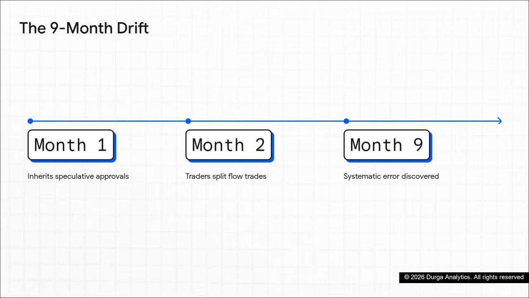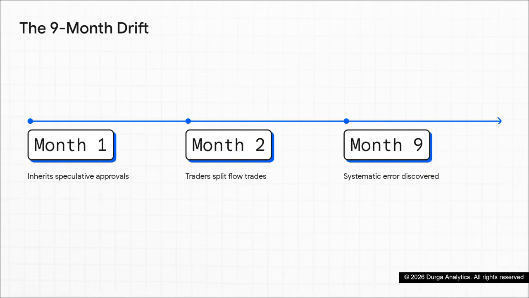Let's track a 9-month chronological failure through a composite case study. We're looking at a desk intermediating at European hubs like TTF and THE. In month 1, they inherit the speculative pre-trade approval process. Well, by month 2, this heavy pre-trade approval makes flow intermediation so unbelievably slow that it's uncompetitive. So what do the traders actually do?